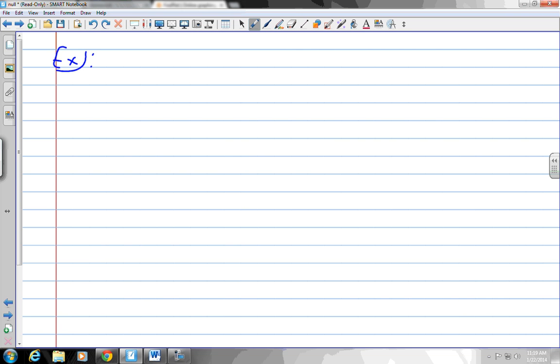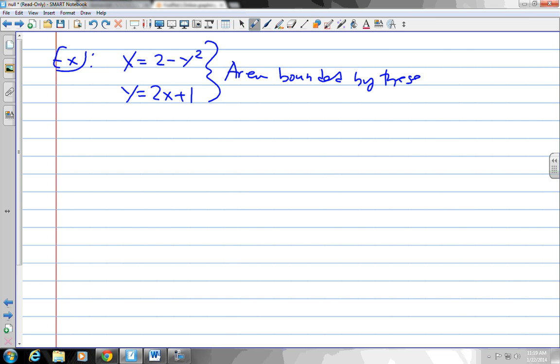I want to find the area bounded by x equals 2 minus y squared and y equals 2x plus 1. So the sketch will really help us out here. And again, don't be lazy, do your sketches, they'll help.